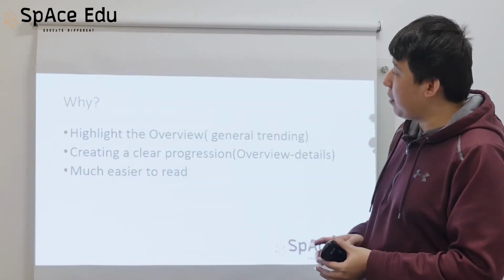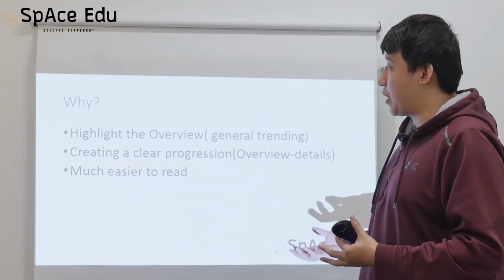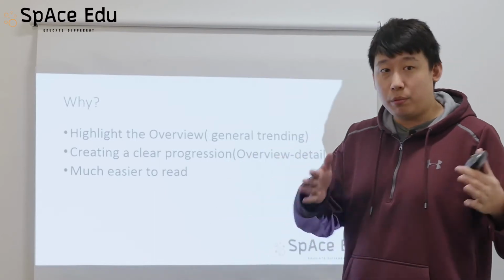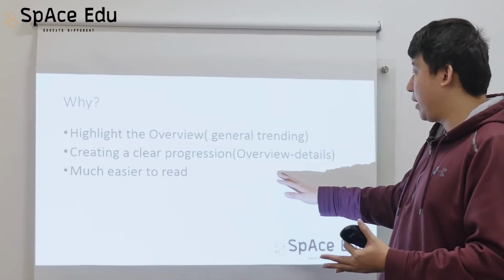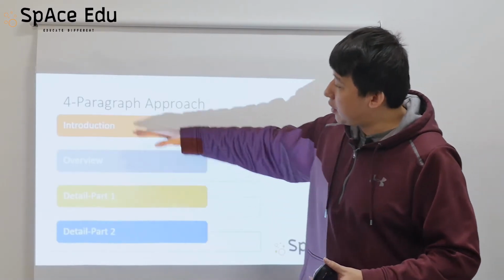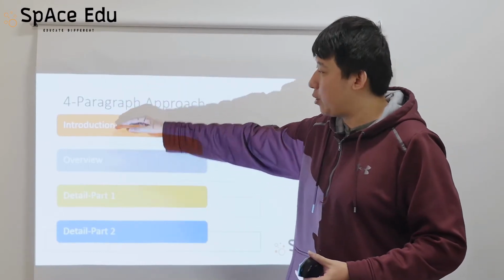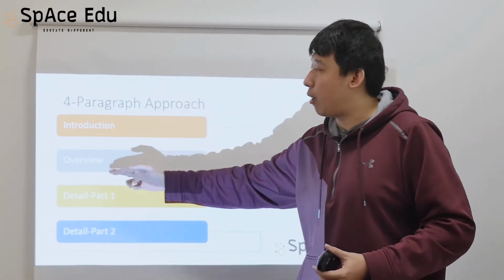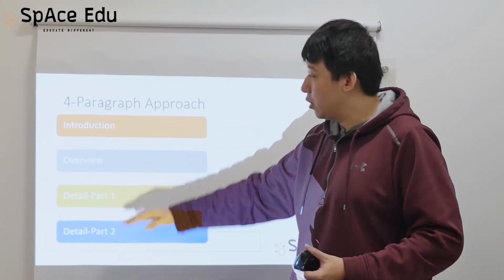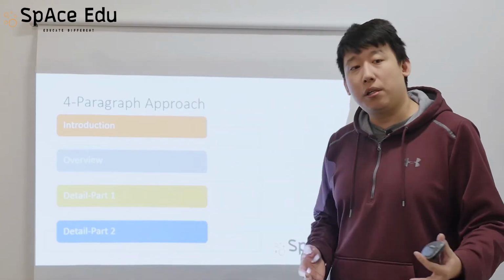The second benefit is that we create a very clear progression. As I said, progression means that you have a really good shift from the overview trends to details. Starting from the introduction, we slowly shift from the general description to the very detailed description, from the overview to the details part. This is what we call the clear progression.